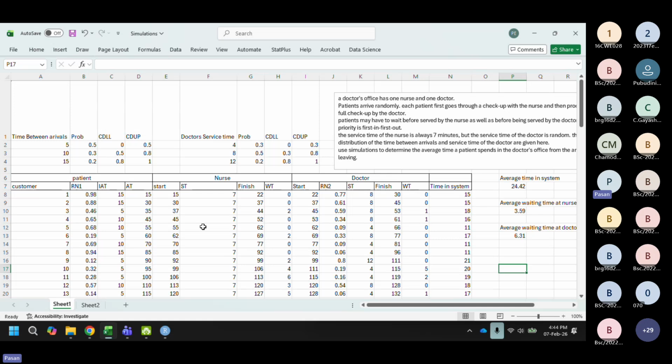Now, if you do this in R software with a for loop or whatever, you can easily run a larger number of simulations. That will allow you to run a very large number of simulations. In Excel, of course, you have the freedom to do up to 10,000 simulations, I noticed.